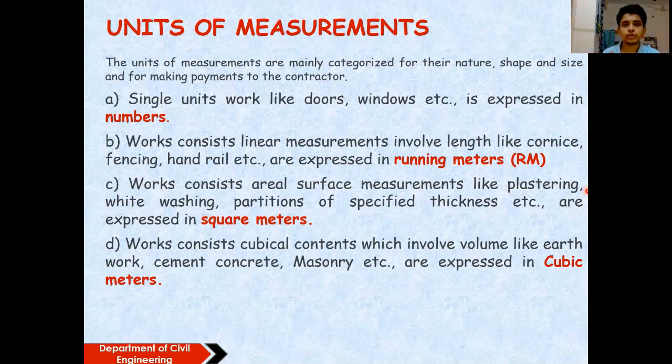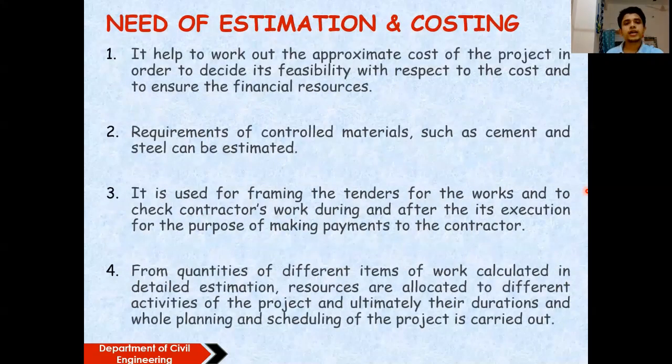In that case we will mention the thickness of the work. Say, 12 mm thick plastering for an area of 10 square meters. And then certain works like cement concreting work, RCC work, and PCC work will be mentioned in cubic meters.